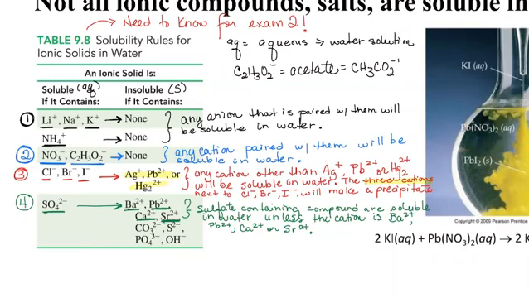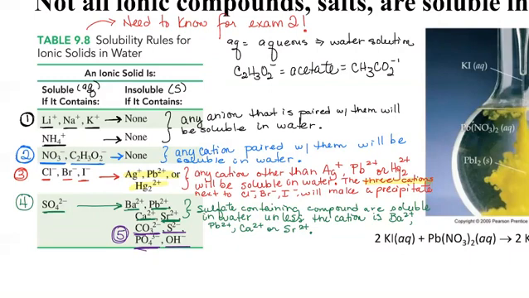Now, let's move on to the 5th group that we have here. That is what happens to carbonate, sulfide, phosphate, and hydroxide, okay? So as you can see, carbonate, sulfide, phosphate, and hydroxide are always insoluble, okay?